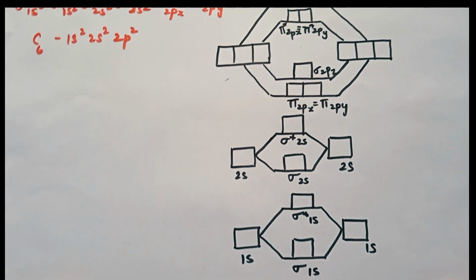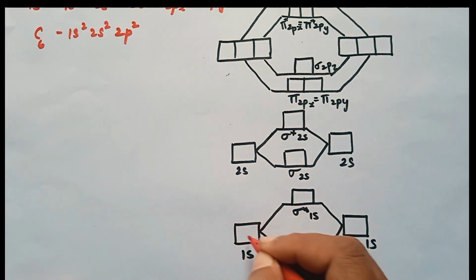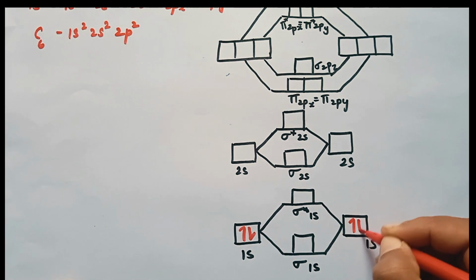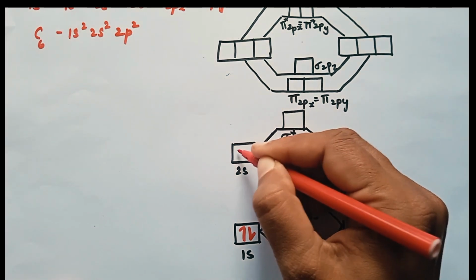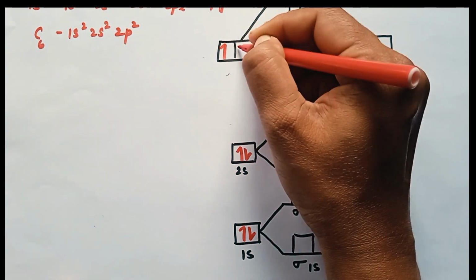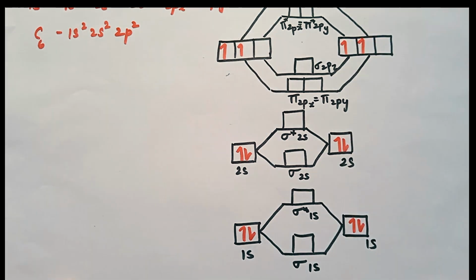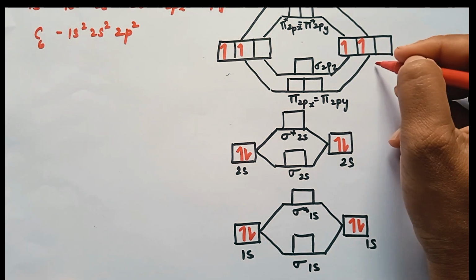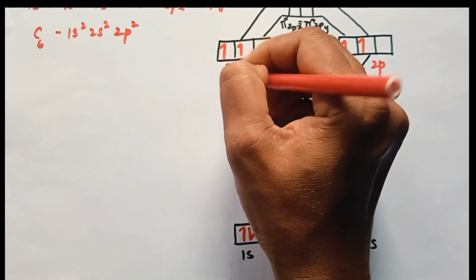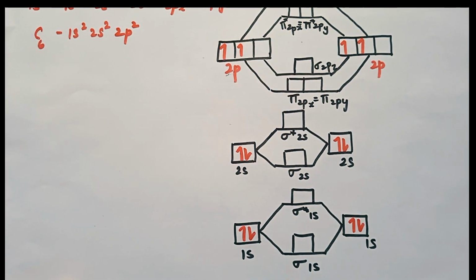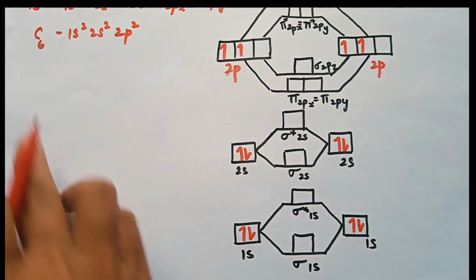First we fill the atomic orbital configuration. In 1s 2 electrons, 2s 2 electrons, 2p 2 electrons. Now fill the molecular orbital configuration.